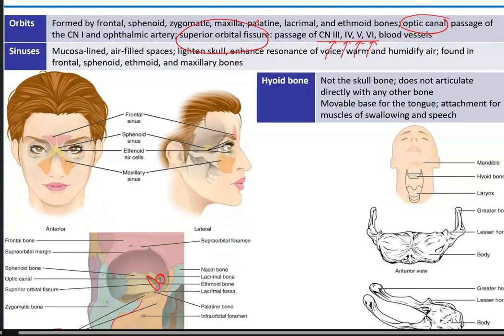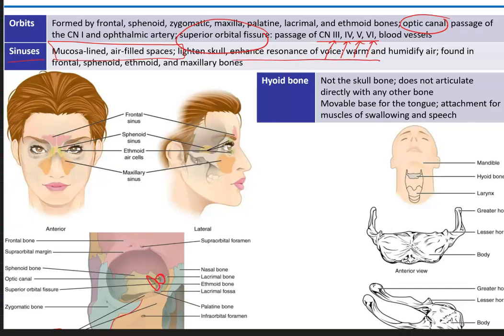Now, within frontal, maxillary, sphenoid, and ethmoid bones, you're going to find air-filled spaces called sinuses. They make your skull lighter, and also enhance your voice. On top of that, they warm and humidify air that you inhale, if you inhale it properly through the nose.